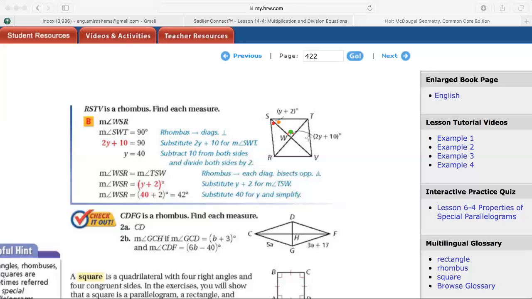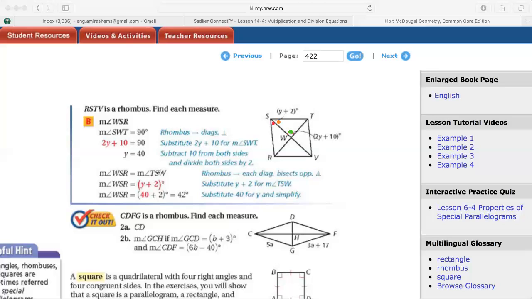Because the diagonals of the rhombus form right angles, since they are perpendicular to each other. The green angle is given as 2y plus 10, and it is also 90. So 2y plus 10 is equal to 90.